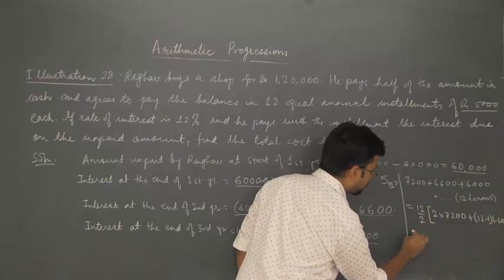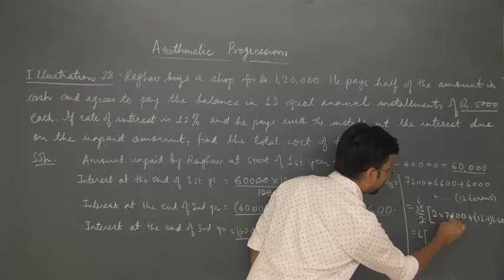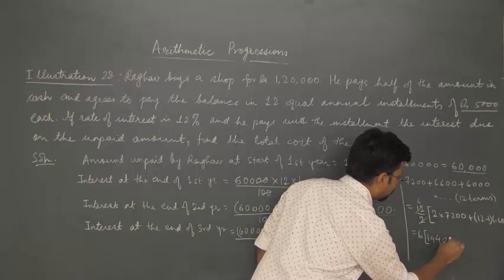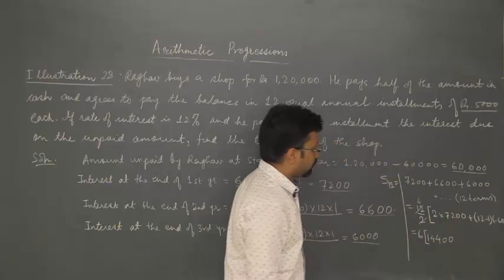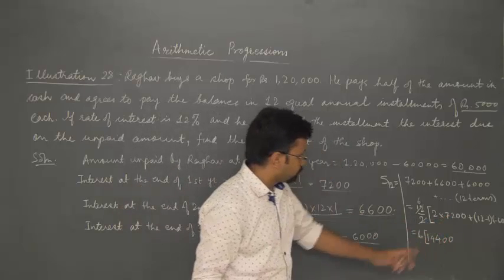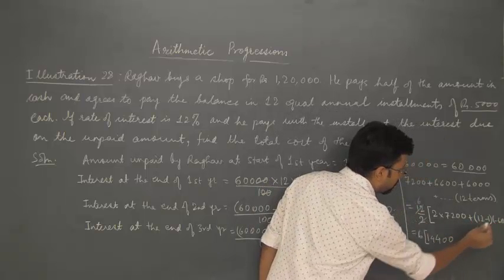So what do we get? 6, and here what do we get? 400. We get how much? 7,200 into 2. So 7,200 into 2 is 14,400, and here you have 11 into minus 600.